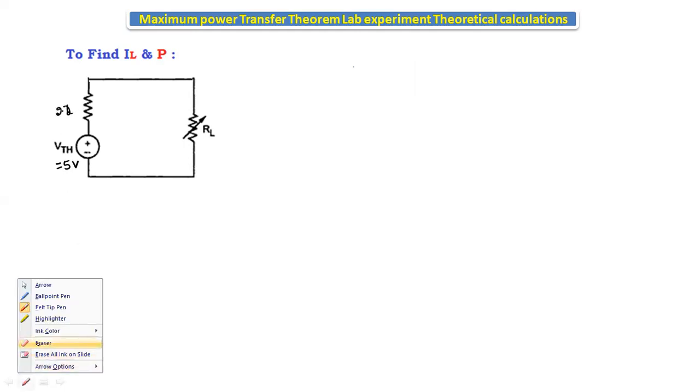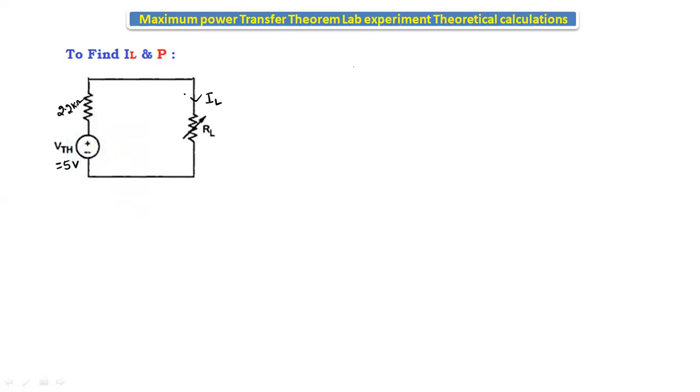2.2. Let's remove this. Here RTH value is 2.2 kilo ohms. Here we will find out the IL value. It is IL, load current. Now this is the equivalent circuit of the maximum power transfer theorem.